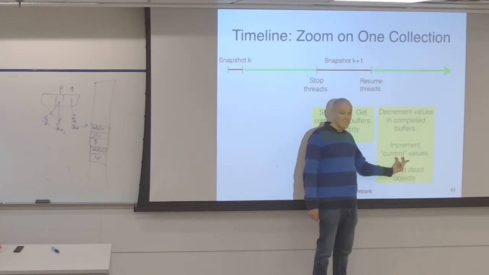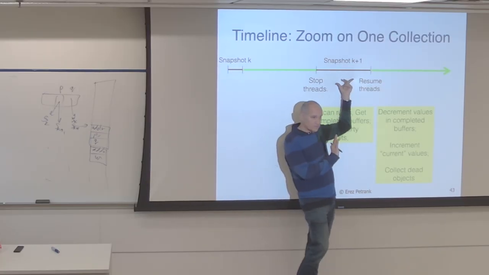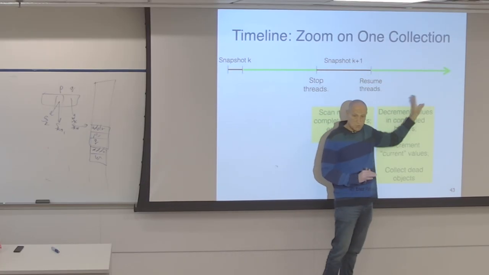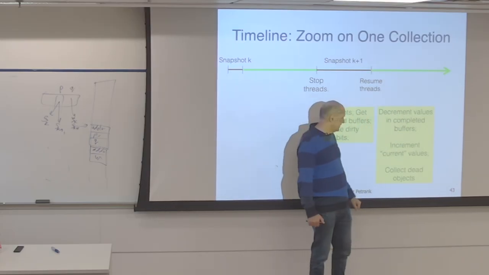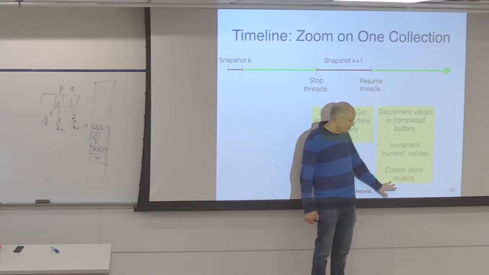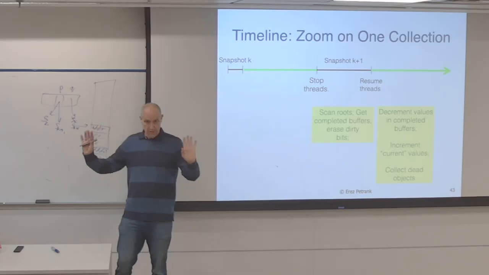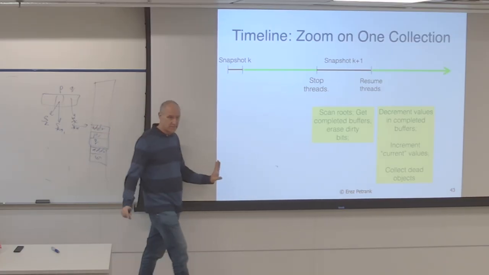We need to increment the current values, which seems that we have to worry about if they change while we're working. Soon I'll get to that. But if I do the decrements and the increments, I can collect all the dead objects concurrently with the program.